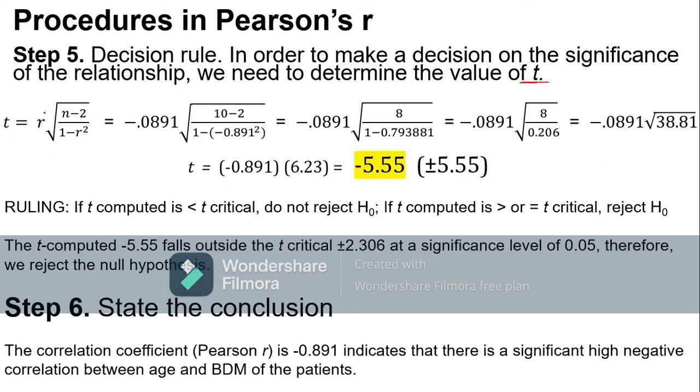Okay? So, t equals r times the square root of n minus 2 divided by the square root of 1 minus r squared. O yung squared ng ating Pearson's value. Okay? So, ito yung ating Pearson's value. Then, yung 10 is yung data, kung ilan yung data na binigay.